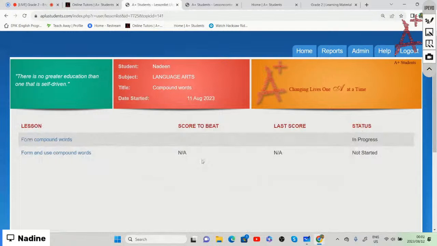So we're going to start with form compound words, from two smaller words.